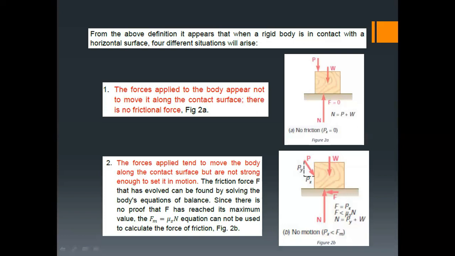Equation cannot be used to calculate the force of friction. So hindi mo ito magagamit since equal lang yung force mo na apply dun sa horizontal mo, no? So, sinasabi niya na our force is less than dun sa coefficient of static friction natin times our normal force. So, walang motion na nangyayari.